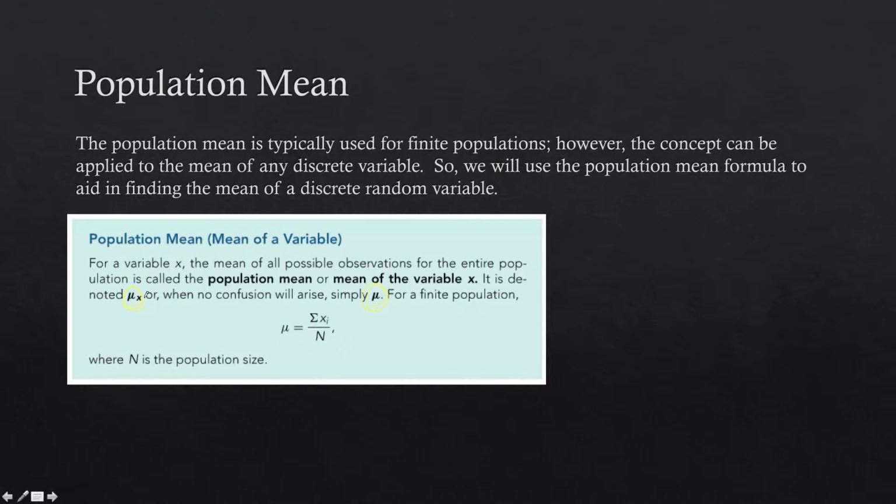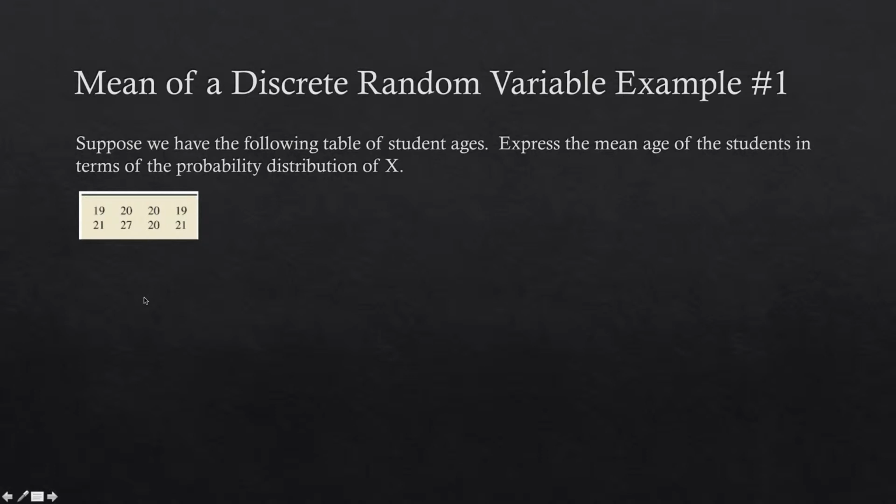Mu sub x just lets you know that it's a discrete random variable rather than a regular population mean.